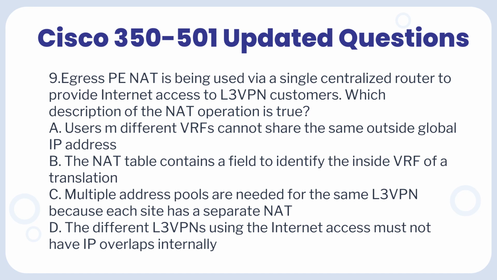B. The NAT table contains a field to identify the inside VRF of a translation. C. Multiple address pools are needed for the same L3 VPN because each site has a separate NAT. D. The different L3 VPNs using the Internet access must not have IP overlaps internally.